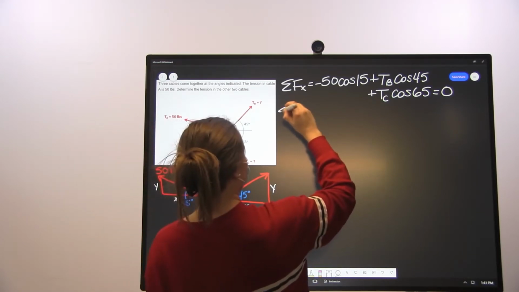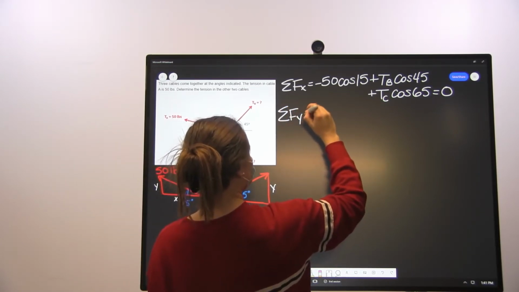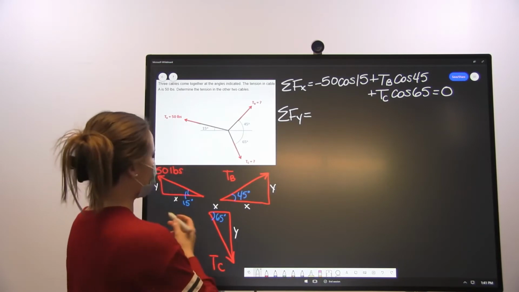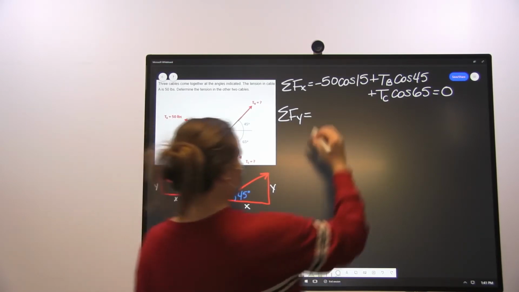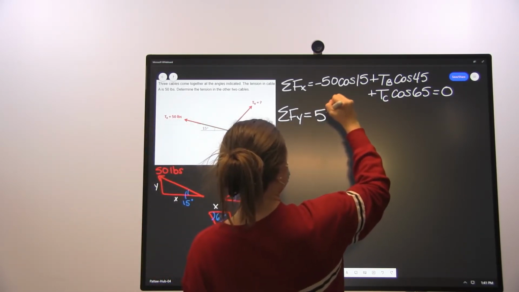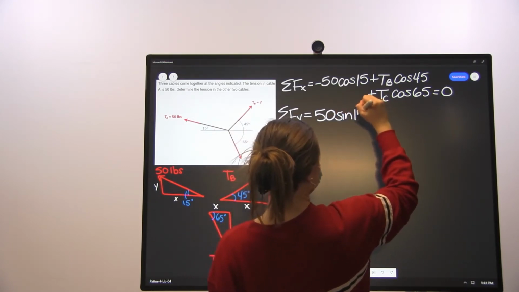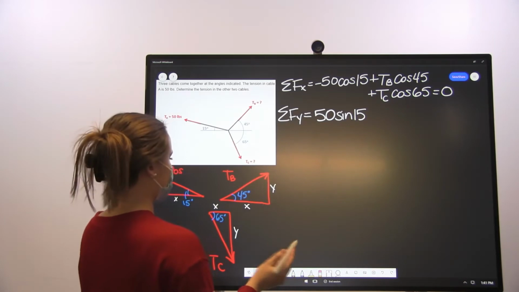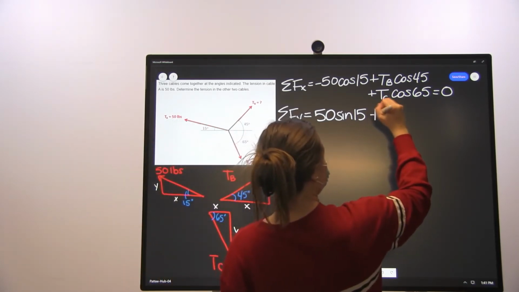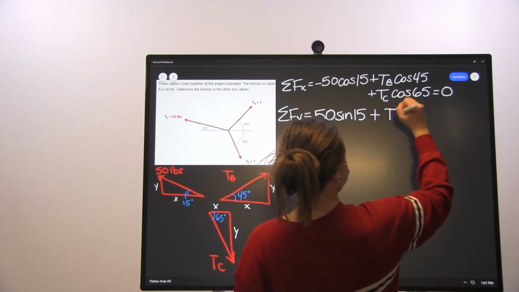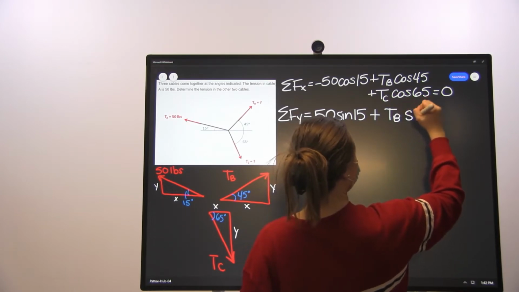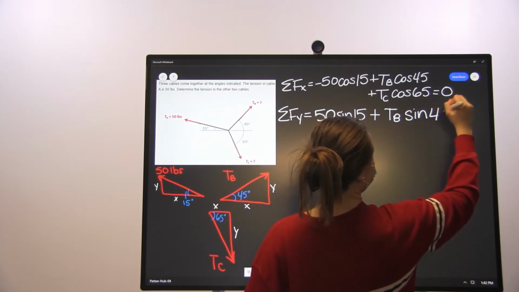We're going to write our net forces in the y direction. So we have our tension A, which is going to be 50 pounds, and this is positive. It's going to be in the upward direction, times sine of 15 to get the y component. And then tension B, it's positive, it's in the upward direction. Tension B times sine 45.